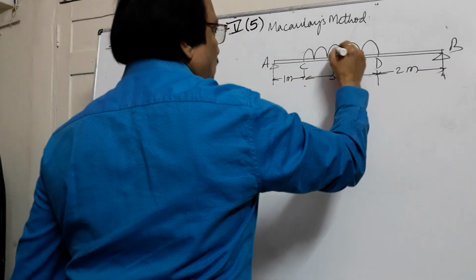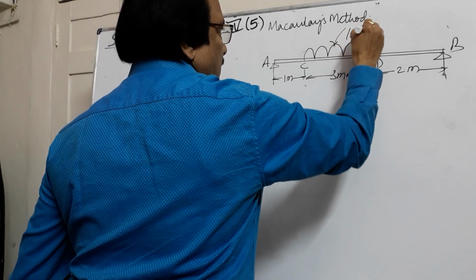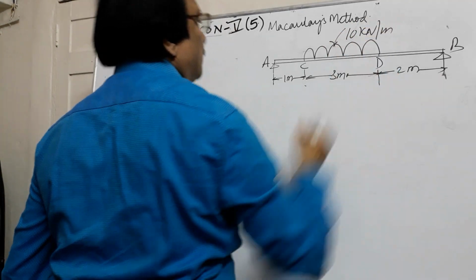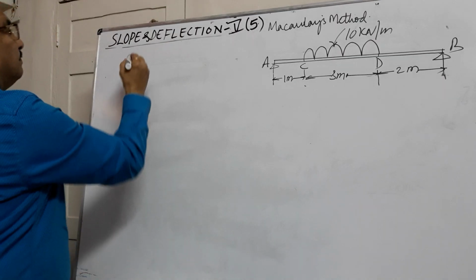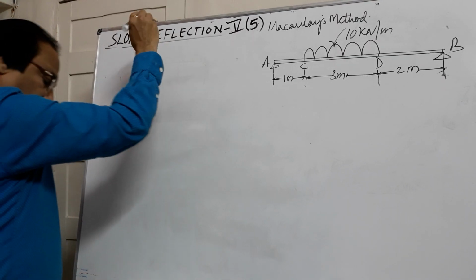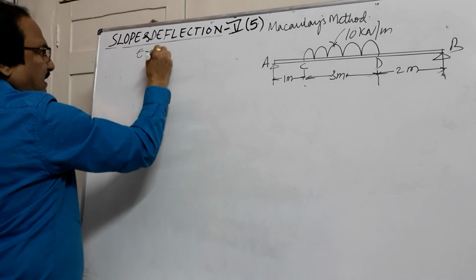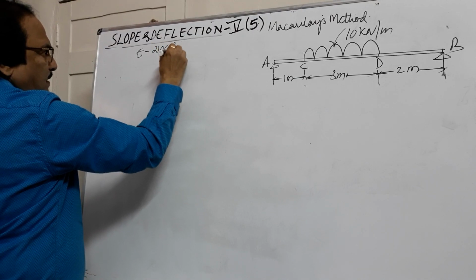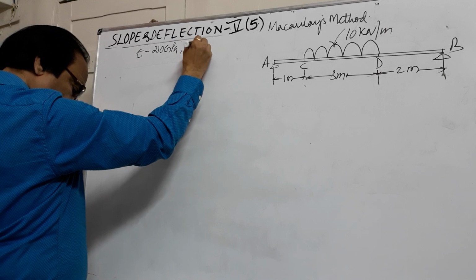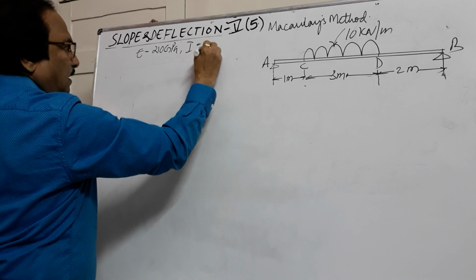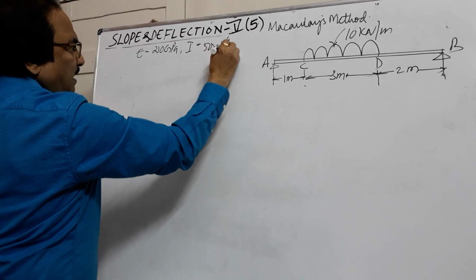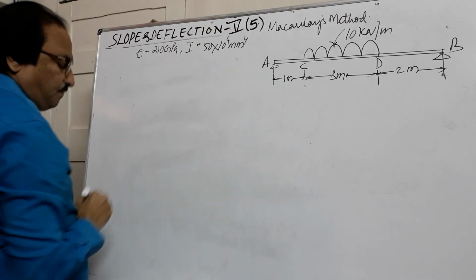The intensity of loading is 10 kilonewton per meter. E is given in the problem as 210 GPa and I is given as 50 into 10 to the power of 4 mm to the power 4.